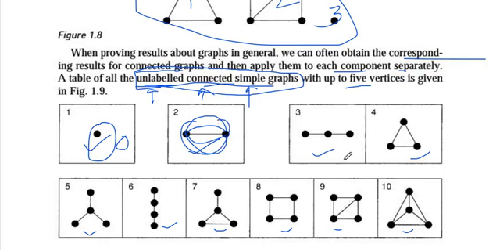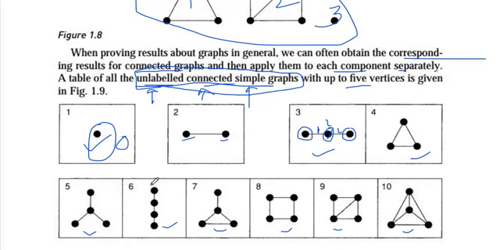This is an end vertex, and both vertices are end vertices. This is an end vertex and this is also an end vertex. This is not an end vertex. Why? Because it is connected with two edges, so its degree is 2.